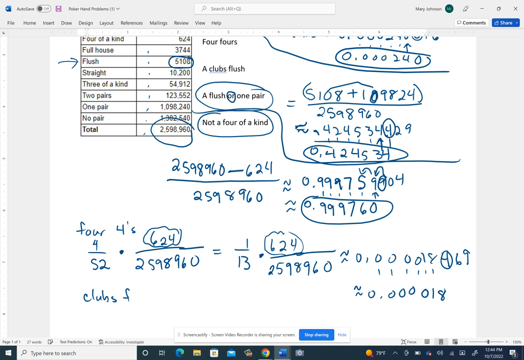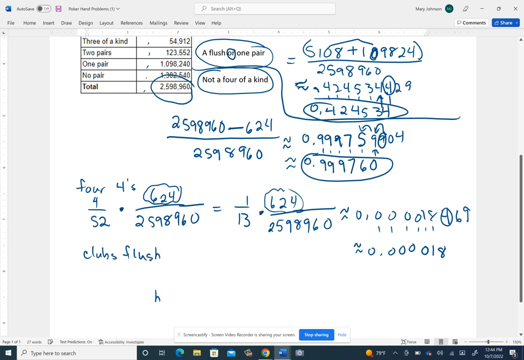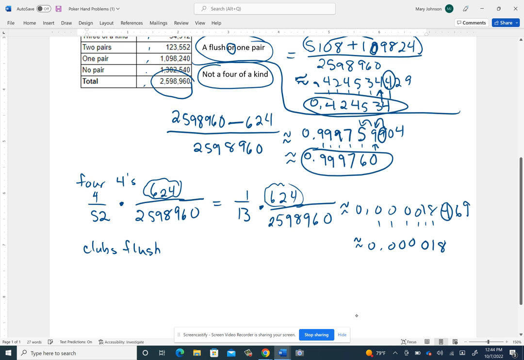For a clubs flush, I'm thinking about how a flush, let's see, the flush is 5108. There's 5,108 hands that turn out to be flushes out of this total number of 5 card hands. Okay. But then when you think about it, clubs would be one suit out of 4. So what I want to do is take this, and when you think about it, there's 4 suits. And so it's like you want to take only a fourth of that 5,108 because you want only the ones that are made up of clubs.